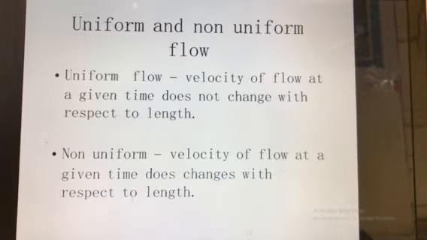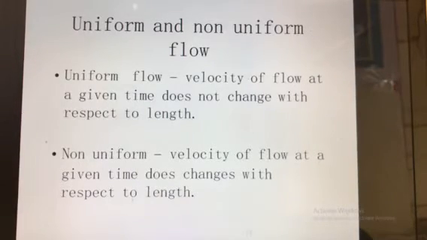So up to here we have studied two kinds of flow. The first is steady flow, the second is uniform and non-uniform flow. Steady and unsteady: the parameter or characteristic does not change or changes with respect to time. Steady means the parameter does not change with respect to time, and unsteady means the parameter changes with respect to time.